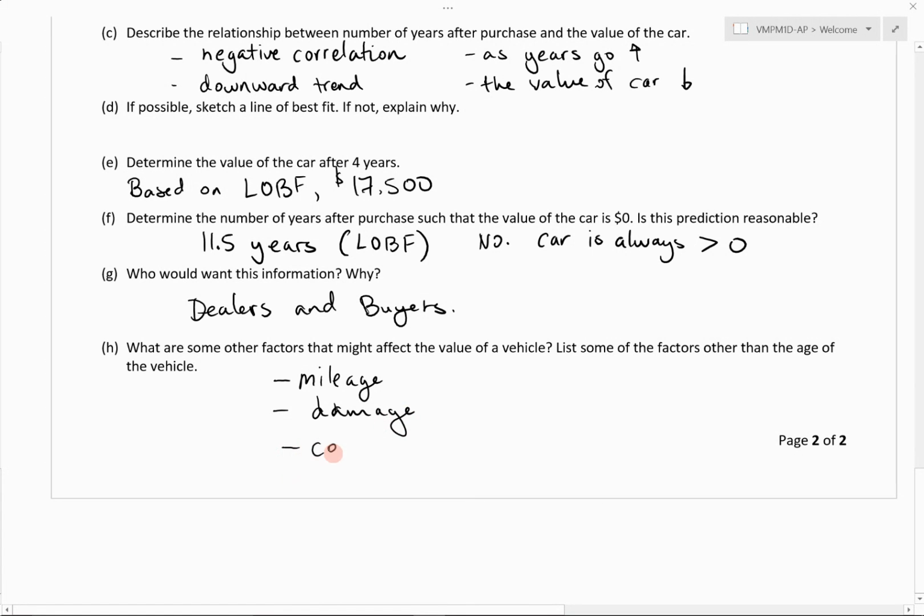How good is the condition, is it rusting? Is it still shiny? What is the make and model of the car? Some cars are more popular than others. And color. Some people are also partial to colors of cars. So those are just some factors. There are other factors as well, but those are just some factors that could change the value of the vehicle.